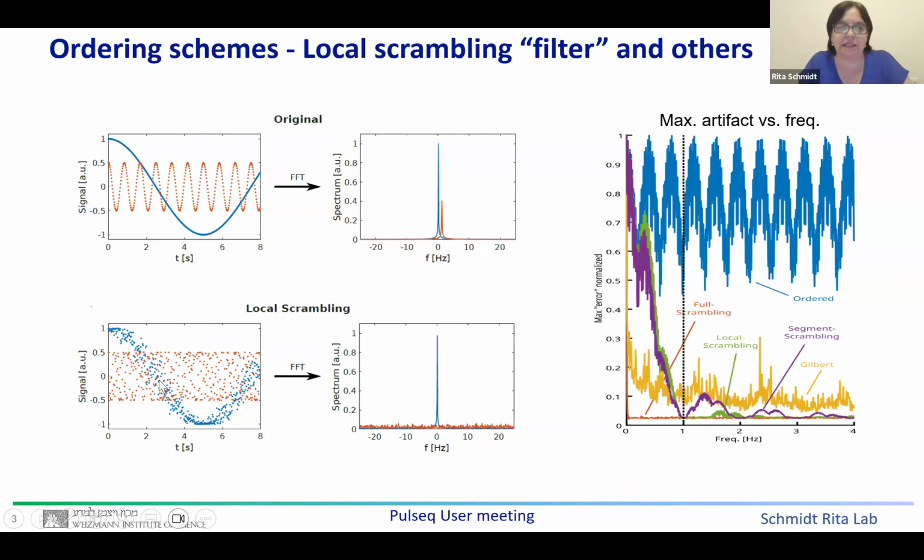We'll see in the figures at the bottom that slow frequencies will stay untouched, while fast frequencies we will smear out. On the right, you see a figure of the artifact intensity as a function of frequency, and the blue plot shows the artifact intensity for Cartesian order. We examined several different acquisition orders, and in green is the one that we came up with, this local scrambling approach.